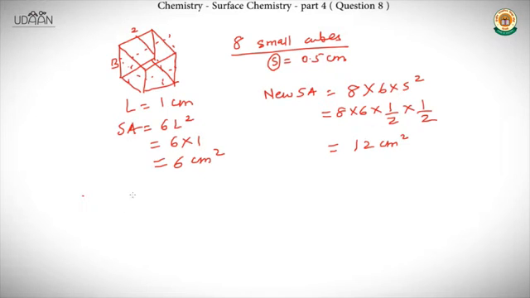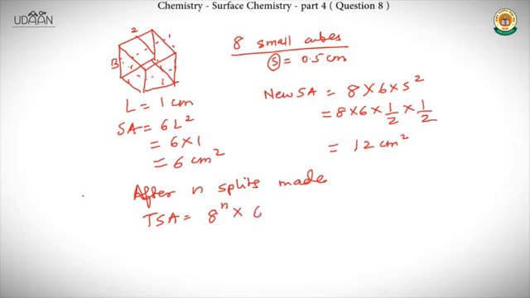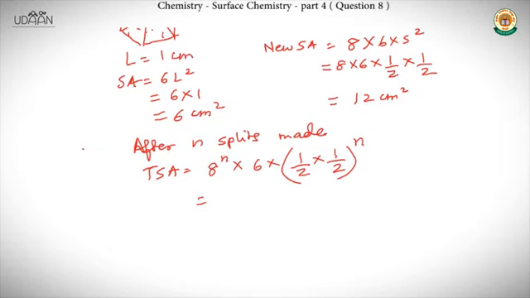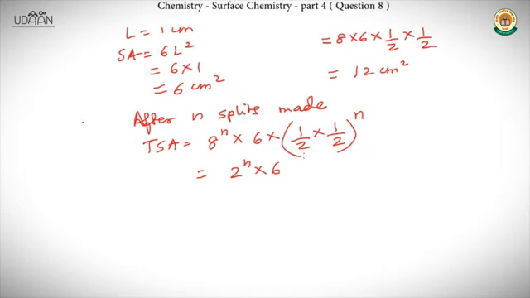After n splits are made, I will get the total number of cubes as 8 raised to the power n, and the surface area as 6 into half raised to the power n. So this will be 2 raised to the power n into 6. I can simplify it, because it will be 4 raised to the power n.